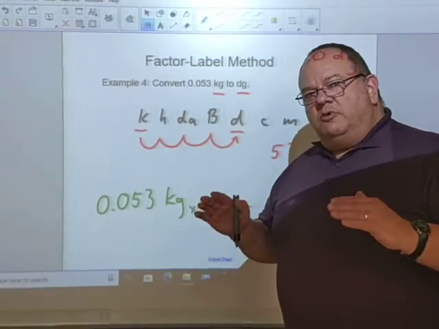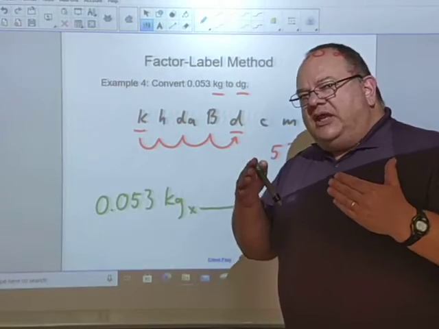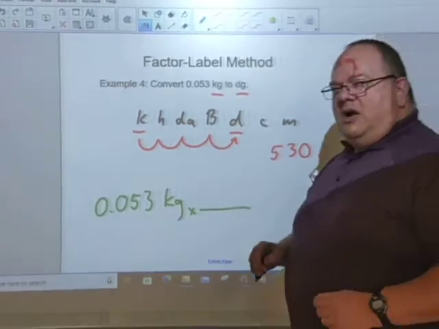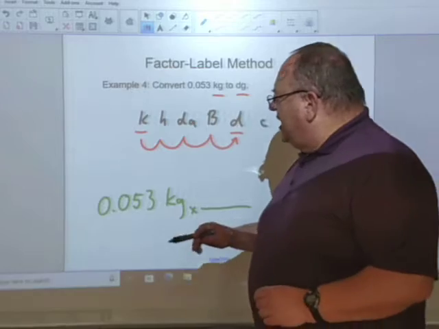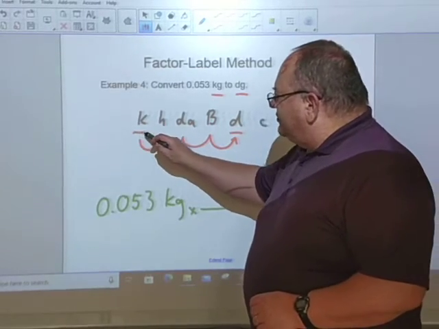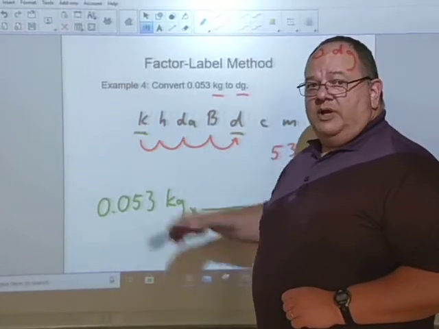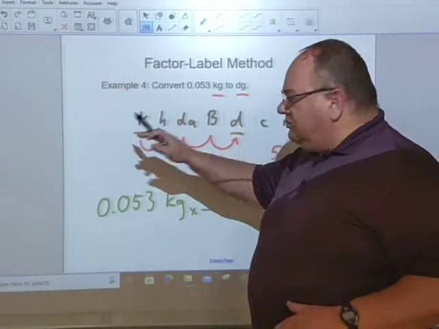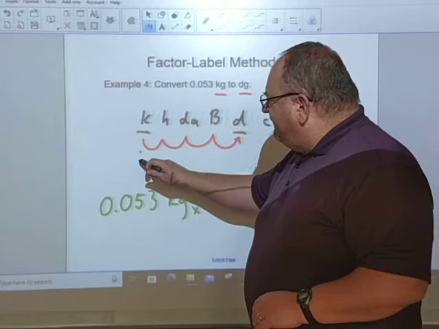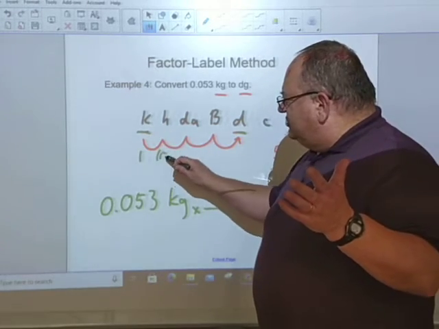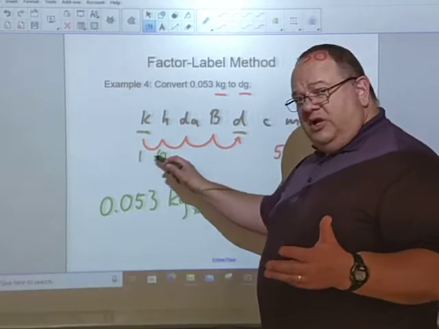Within the metric system, remember, all the units are related by powers of 10. So I just have to look at this and figure out what my relationship is. Of these two labels, kilo and deci, I know kilo is the bigger one. So what I like to do is start with the bigger unit and imagine if I had 1 kilogram, well, that would be equal to 10 hectograms. That could be a conversion factor.